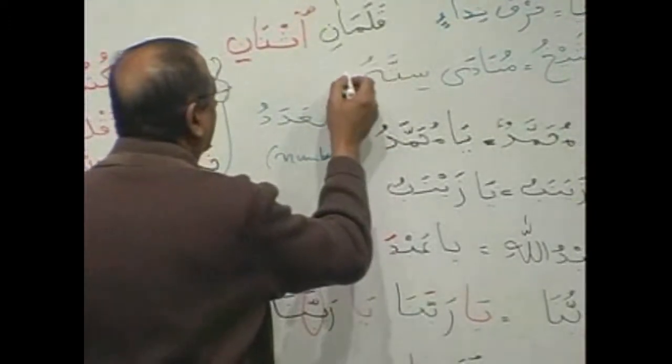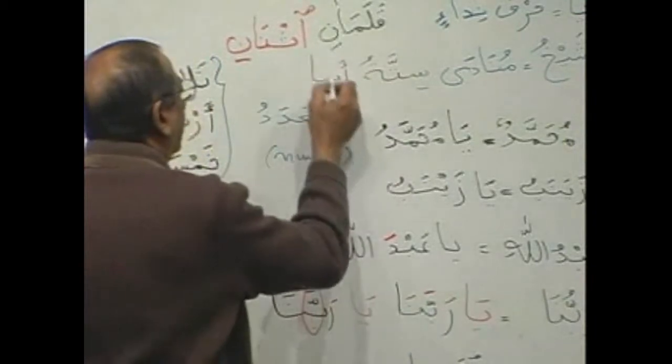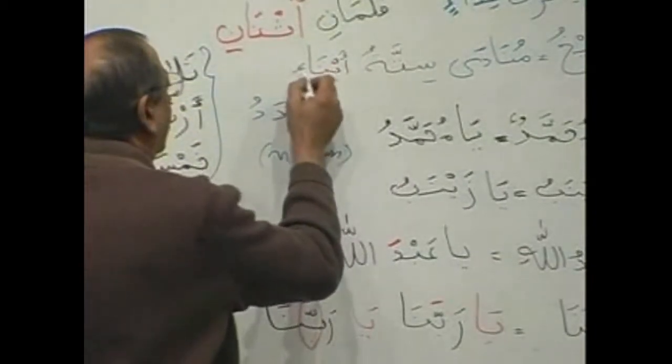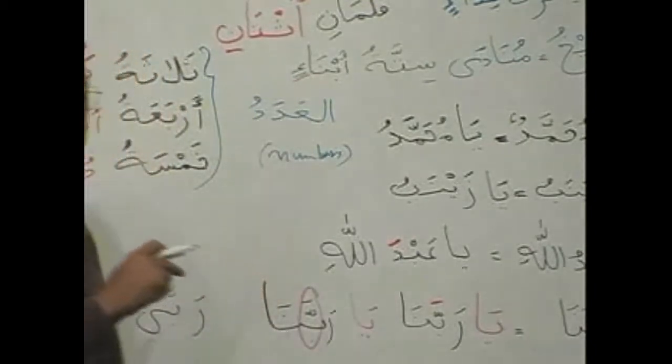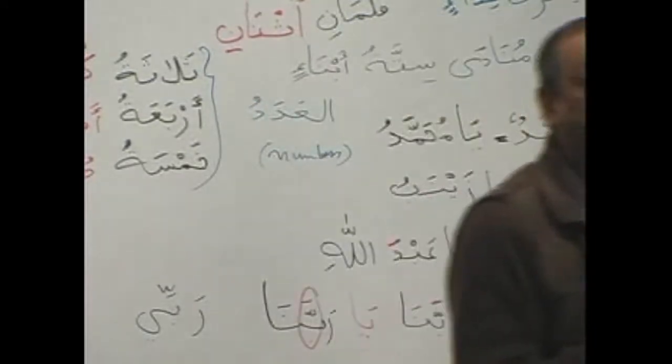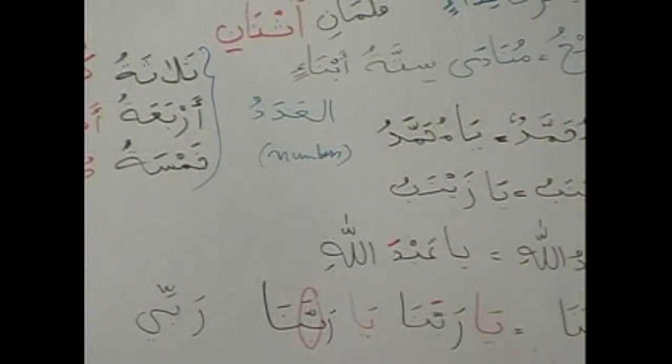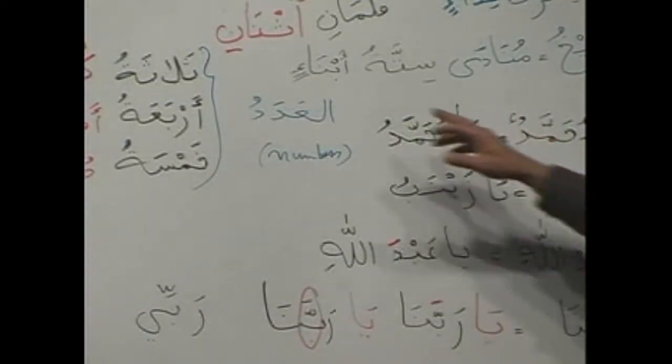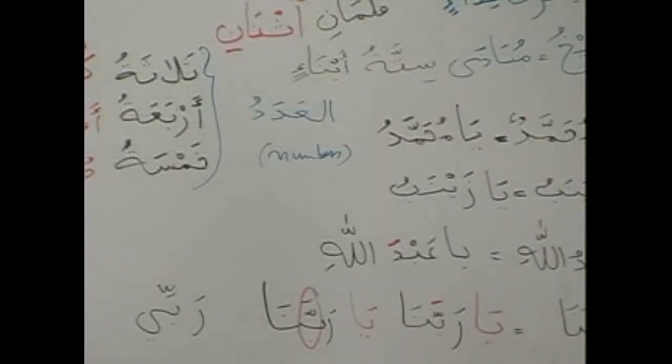Sittatu abna'in. See, I wrote down Hamzatul Qata. When you come to the plural, Ibnu has Abna'un. It became Abna'in.